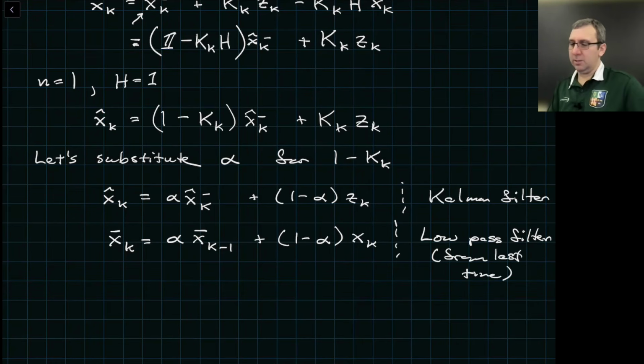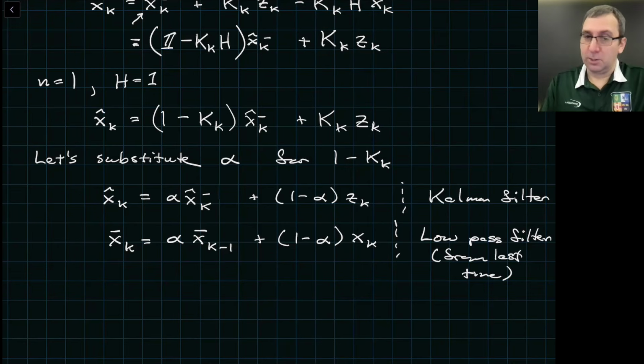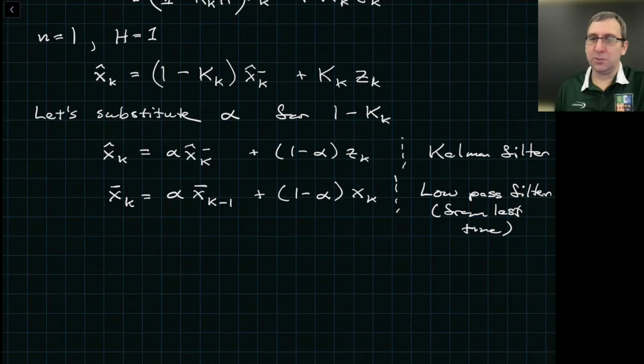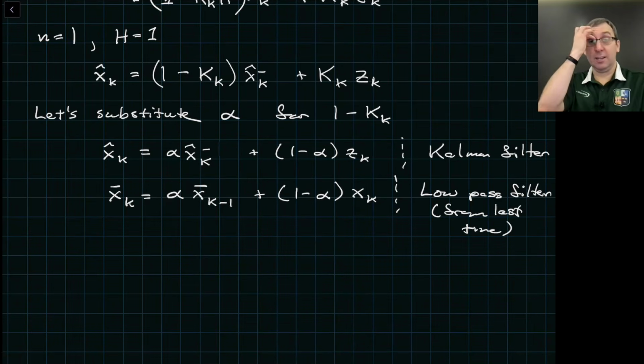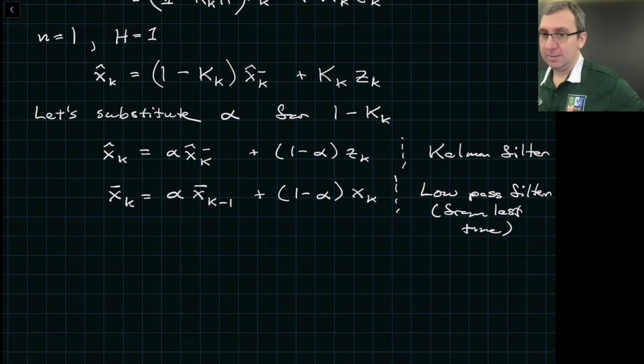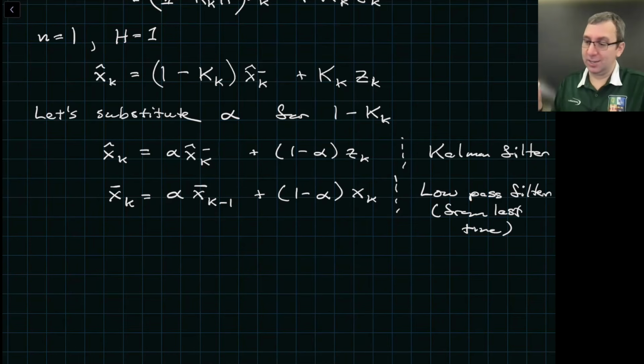And you notice they look somewhat similar. And that was just the whole point of this, just to show that the Kalman filter estimation process looks like a low pass filter with a dynamically changing weighting alpha, or equivalently a dynamically changing gain k.